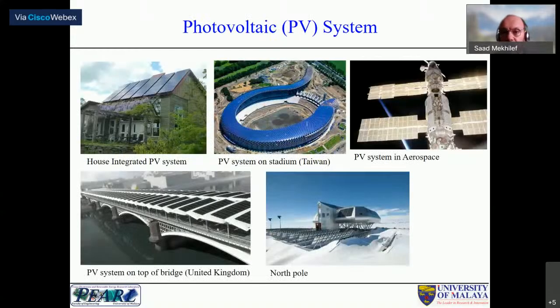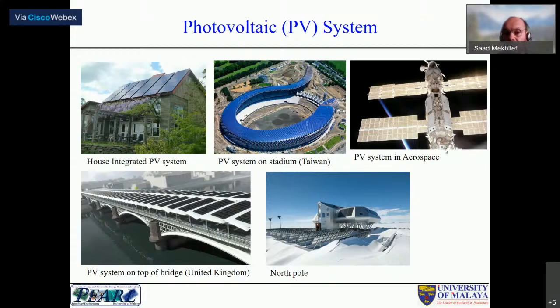Okay, as we see, photovoltaic systems nowadays have a wide range of applications, ranging from small homes to what we call BIPV, building integrated photovoltaic systems. It becomes a part of the building structure. We can see this in the second picture, which is a stadium fully covered by photovoltaic systems.